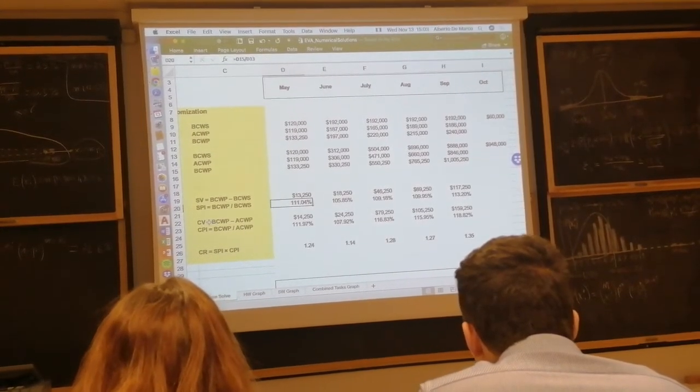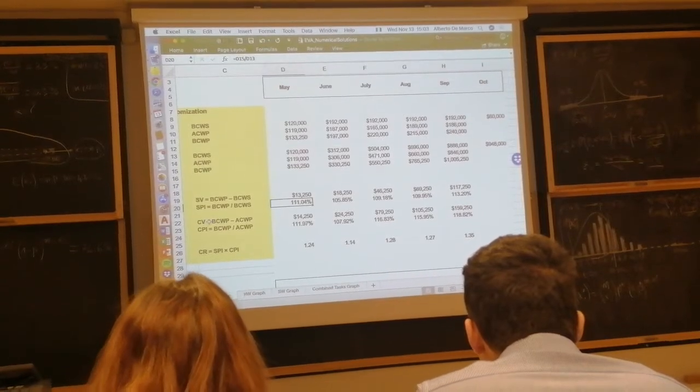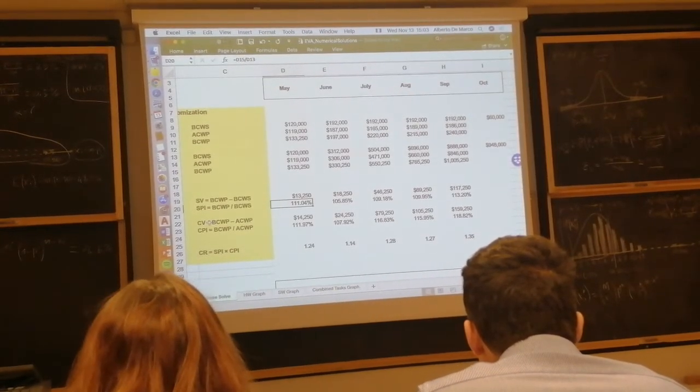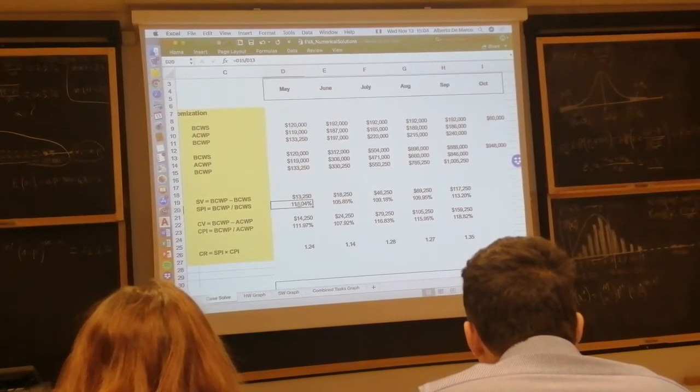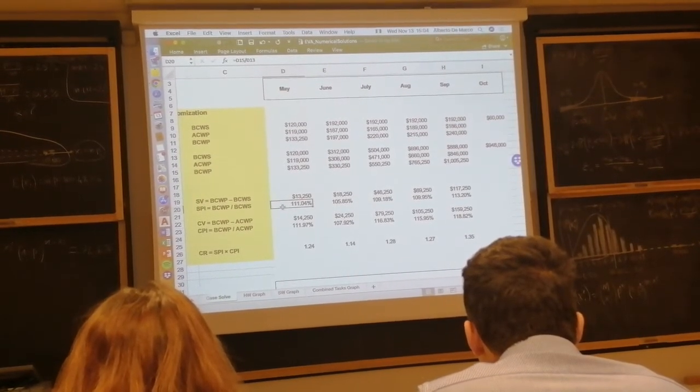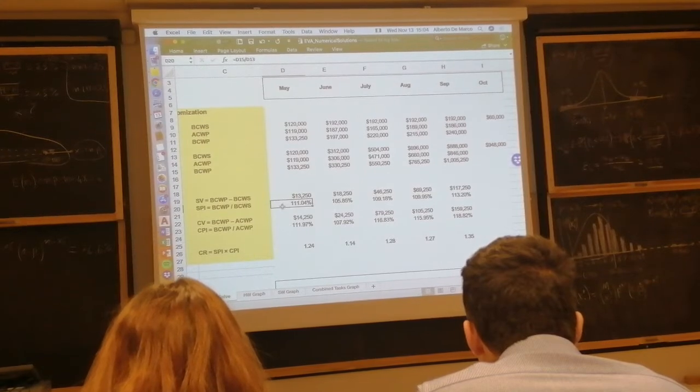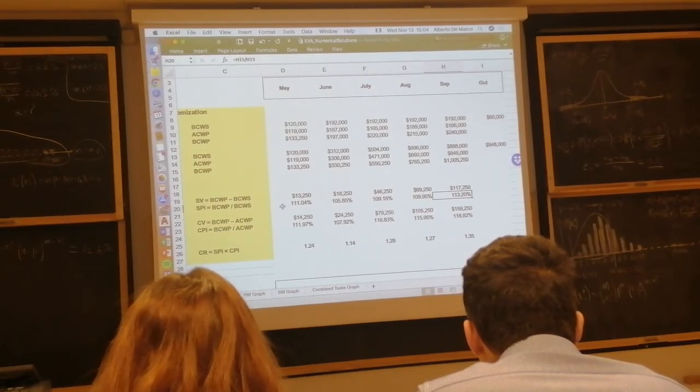And what I have realized is that this task is very, very good since the beginning of the project. At the end of May, it was performing 11% faster, then 5% faster, then 9% faster, then 9% faster, then 13% faster.